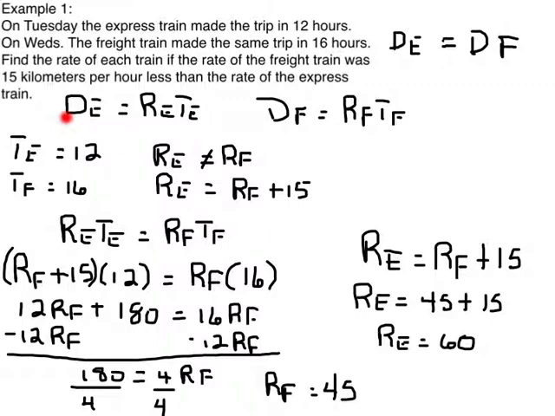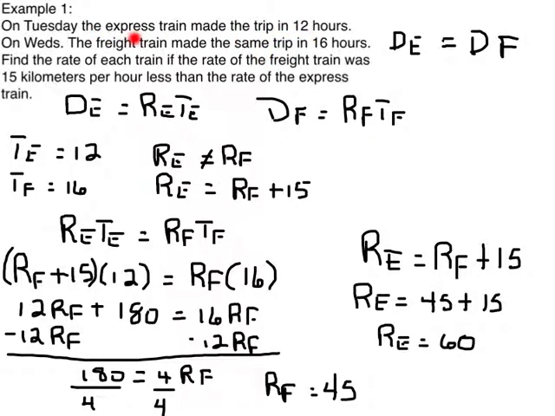Now, we know that distance equals rate times time. So the distance of the express is equal to the rate of the express times the time of the express. Same thing for the distance of the freight: it equals the rate of the freight times the time of the freight. Let's see what equations we can pick out.